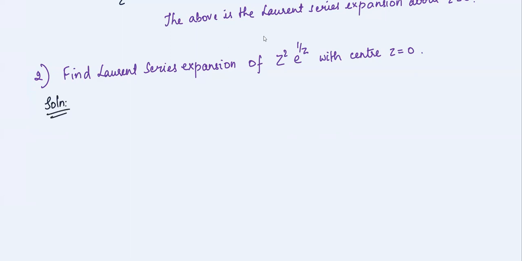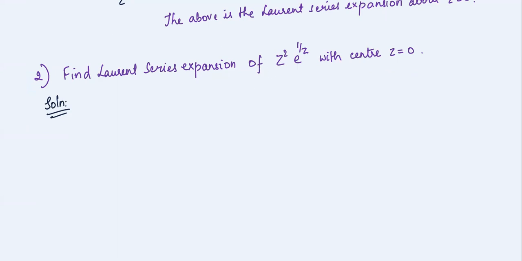Now, the problem is not with z square, the problem is with e power 1 by z. At z equal to 0, it is undefined, so there is a point of singularity. So how to find it?